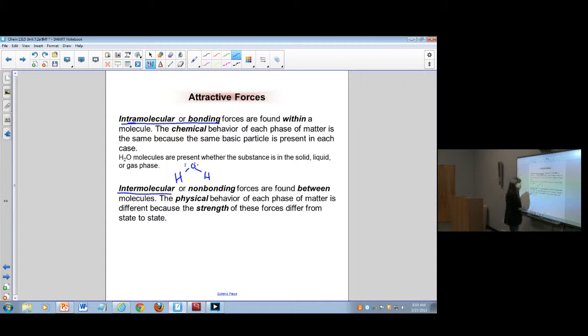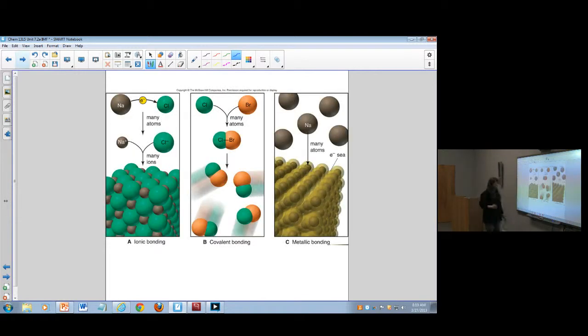Intermolecular forces are forces between molecules, and that's a little bit different from the ones that are reacting in the molecule. So let me remind you, way back when, we've learned about ionic bonding, where, for example, the sodium loses its electron completely, the chlorine gains an electron completely, and in a solid state, they form sodium chloride that looks like a crystal.